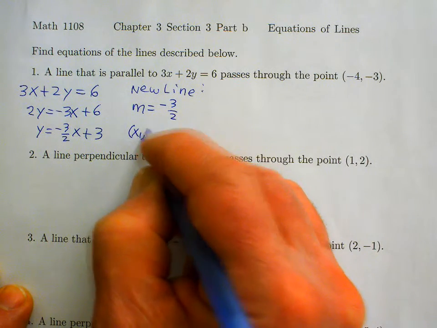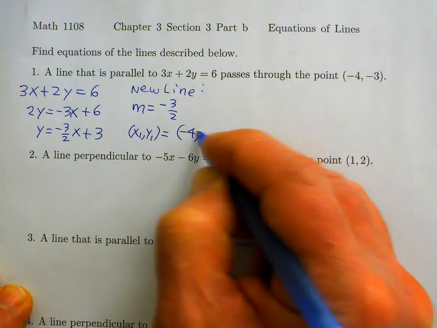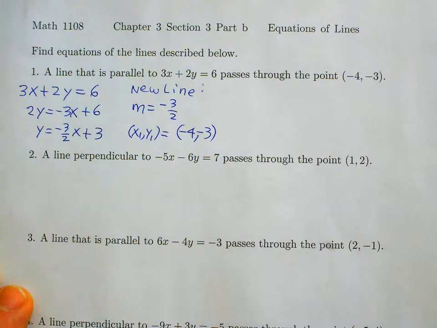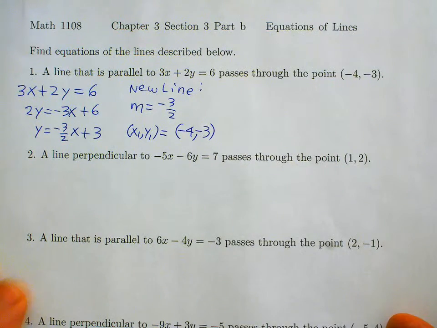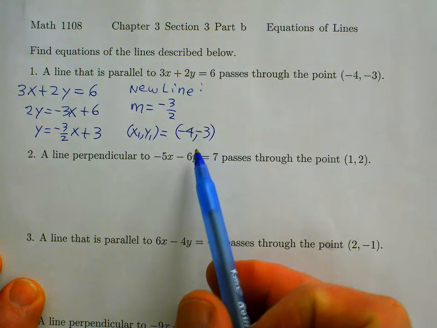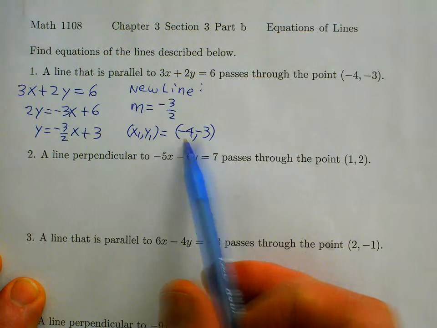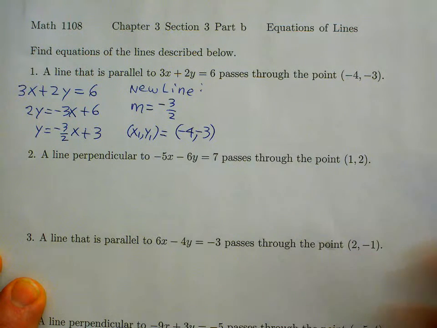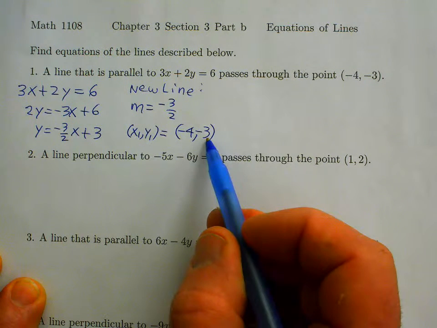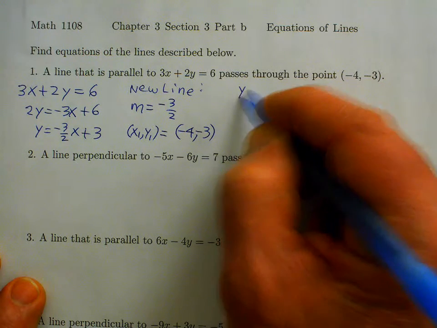And the x1, y1 is given to be -4, -3. So then we just write the point-slope form. Just be careful not to switch the order of the numbers. So our y1 is -3, so y minus y1 is y minus -3.